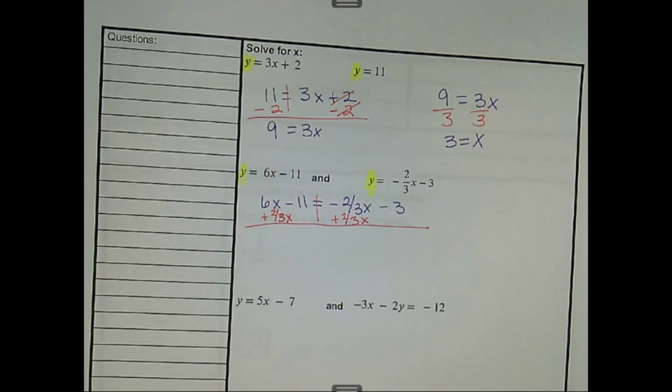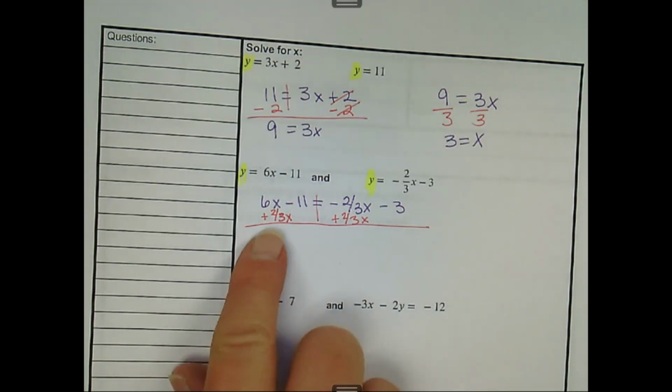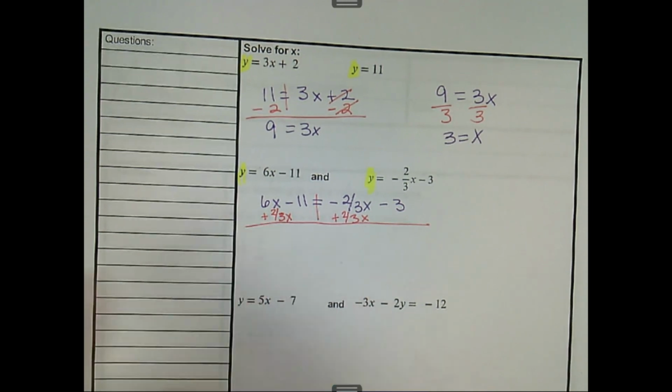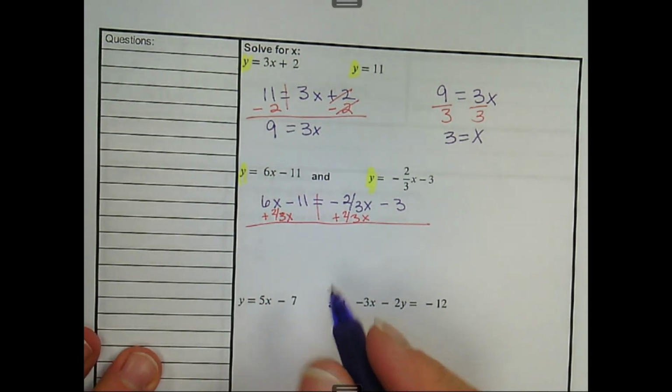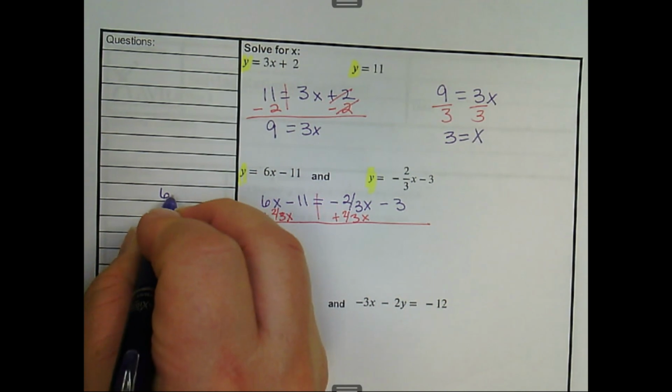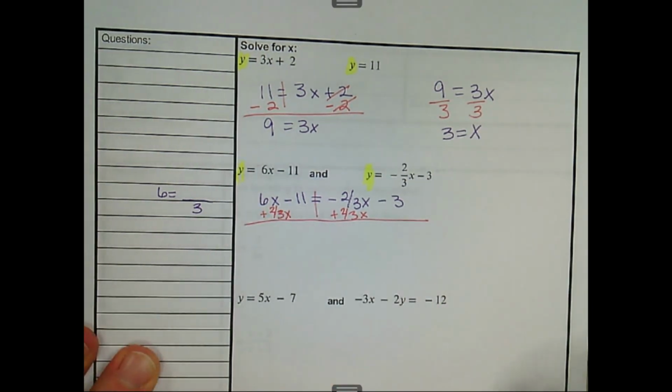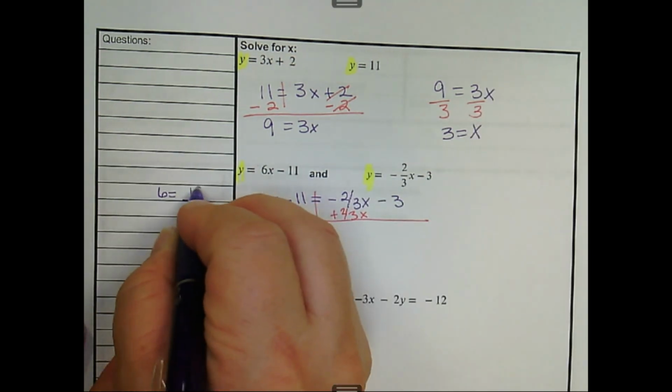But here's the problem. This is in thirds, this is not. I've got to have that common denominator to be able to add. So I ask myself, 6 is equal to what number divided by 3? Well, that would be 18.